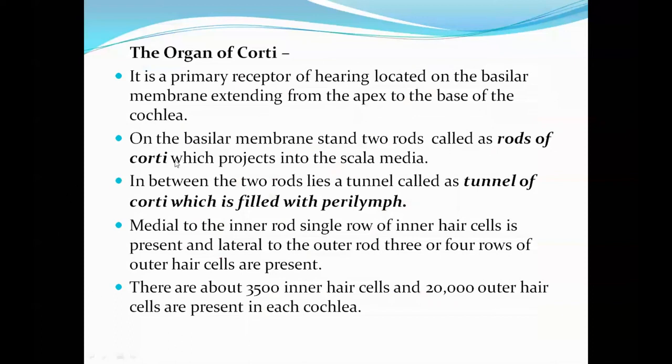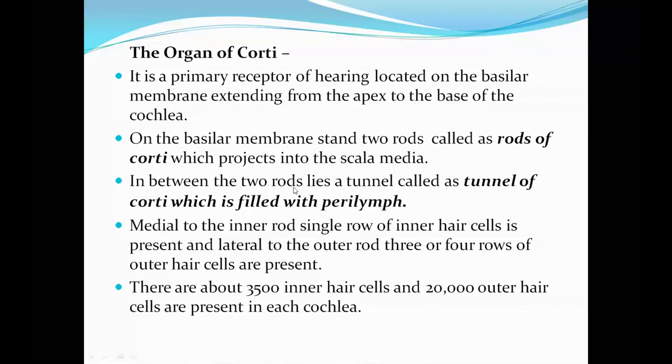Organ of Corti. It is the primary receptor of hearing, located on the basilar membrane, extending from the apex to the base of the cochlea. On the basilar membrane stand two rods called the rods of Corti, which project into the scala media.